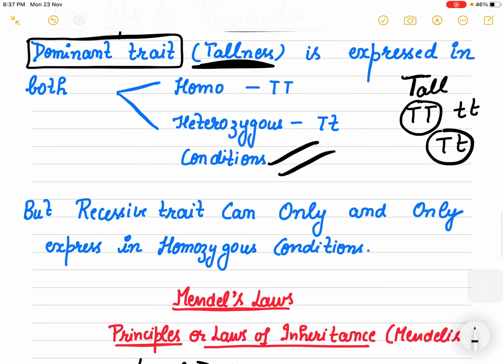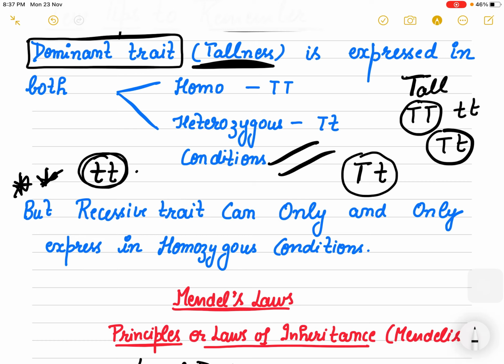But recessive trait, that is a very, very, very important point. If it is recessive, suppose this allele is recessive, when will it express? As long as T keeps coming, it will never let small t express. So when will this t express? This small t can express itself only and only when it is present in the homozygous recessive condition, because both are recessive now, and this condition is called homozygous recessive condition.